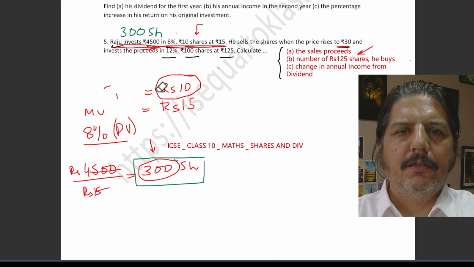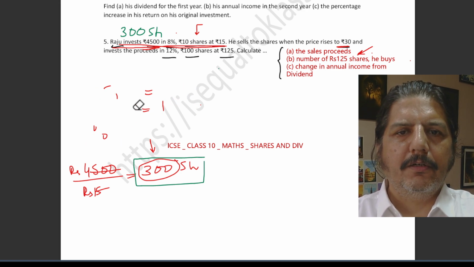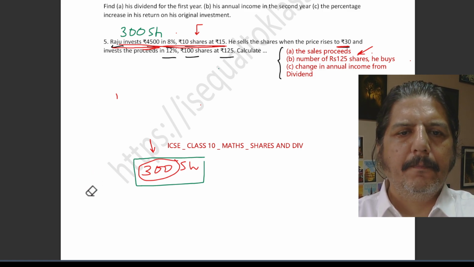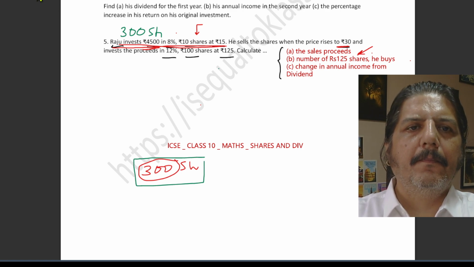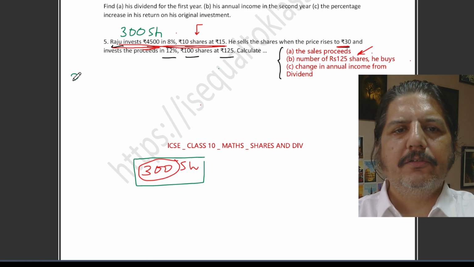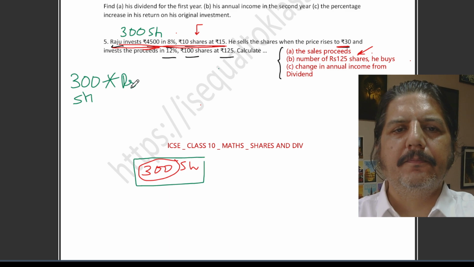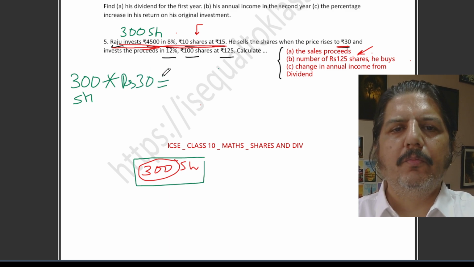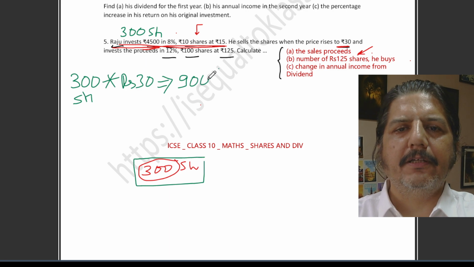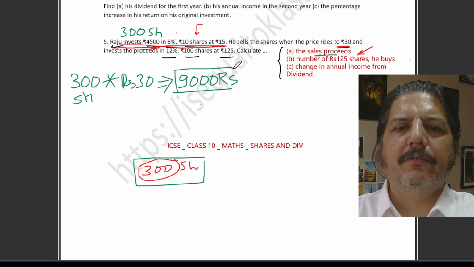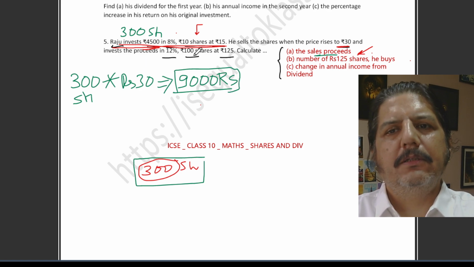And let me erase this because this is a part I won't require again. Okay. He has sold 300 shares. These are the number of shares that he has for rupees 30. So how much would he have got? He would have got 9,000 rupees. Okay. So the sales proceeds, 9,000 rupees he would have got when he sold the shares.